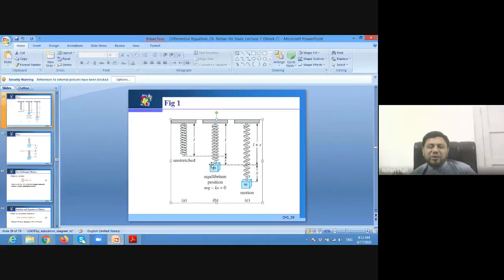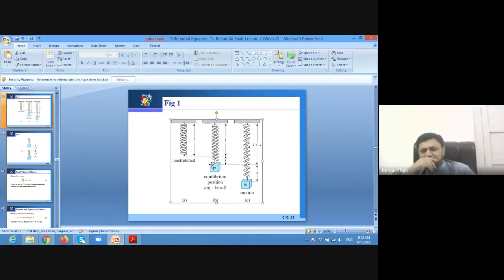Okay. So if the body is in equilibrium position, the internal force inside the spring will balance the gravitational force.